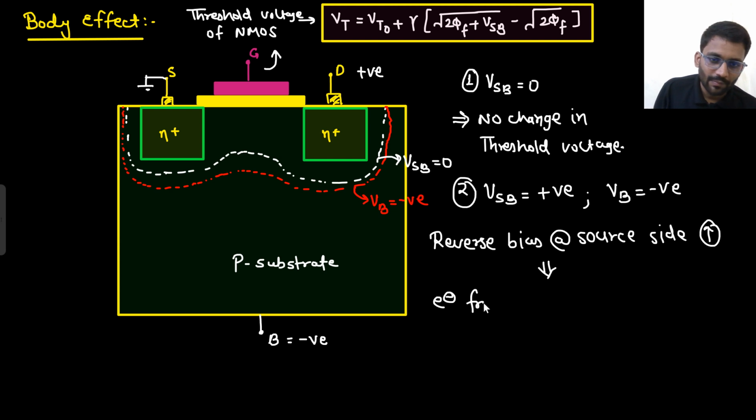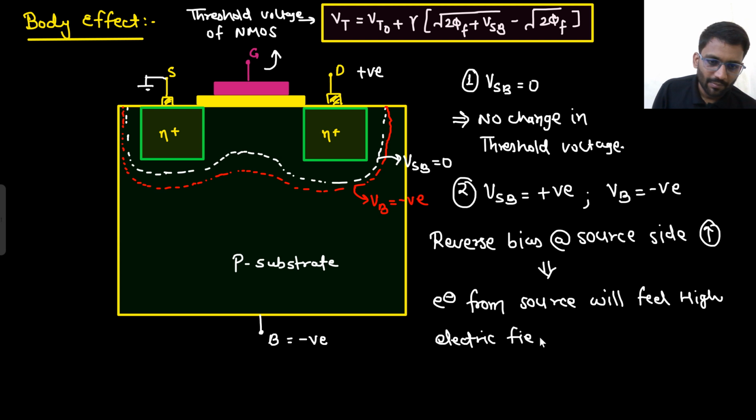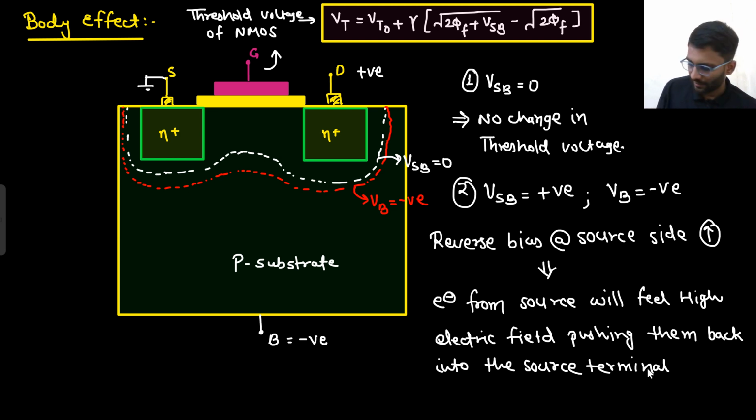Electrons from source will feel a high electric field pushing them back into the source terminal, and for that you need a higher Vg.